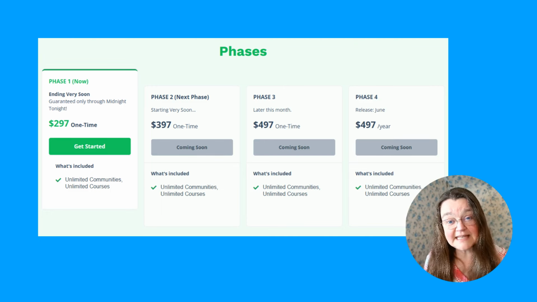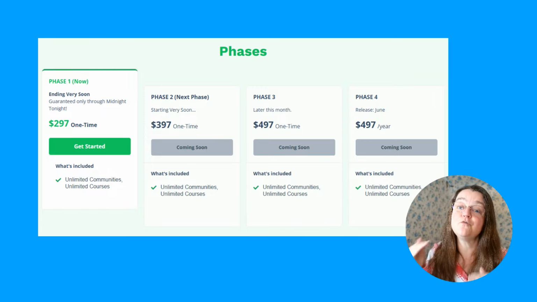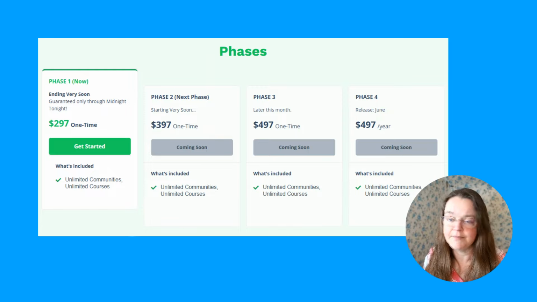And after that, it's going to raise to $497 annually, which is still thousands of dollars cheaper than the other course platforms. So it's still a good deal. Even at the annual, it's still the most affordable, high-value platform that you'll find anywhere. But if the lifetime deal is still showing, grab it. It's a rare chance to lock in unlimited access for life of your course and programs.